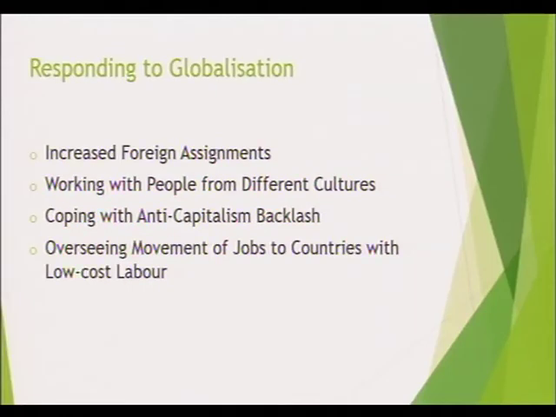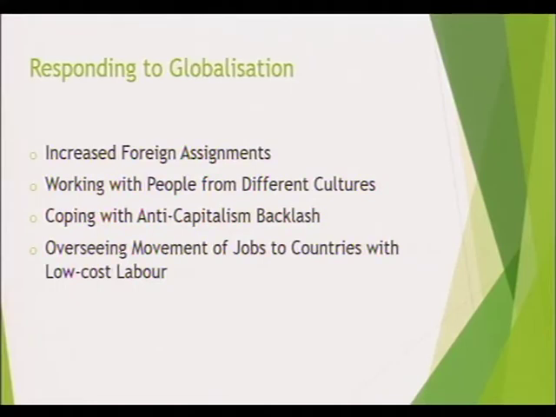Now, responding to globalization, organizational behavior looks at globalization as an opportunity and also a threat to organizations. So we find that it's an opportunity in a way that organizations tend to be more global, more multinational, and they go beyond the immediate, they diversify, they grow. There's an increase in foreign assignments for employees, individual employees, groups, and also organizations themselves.